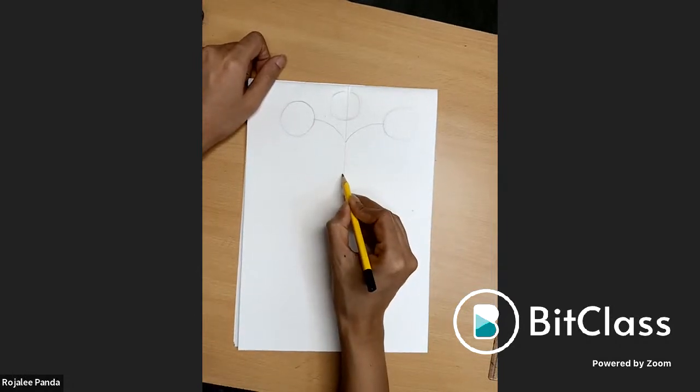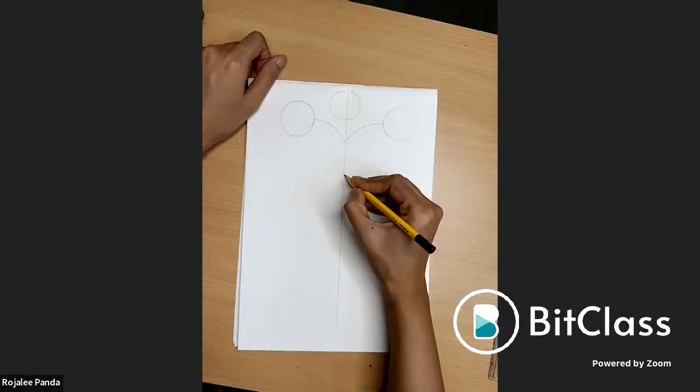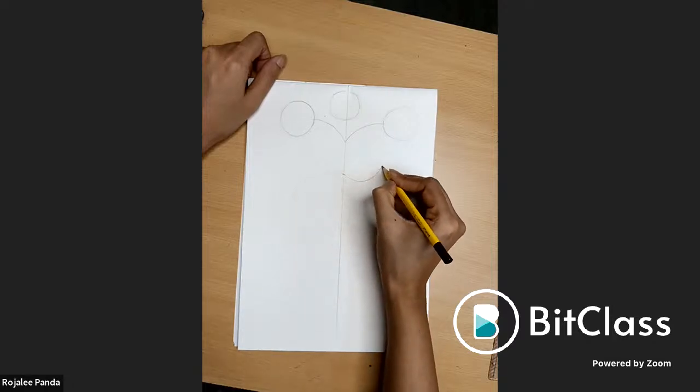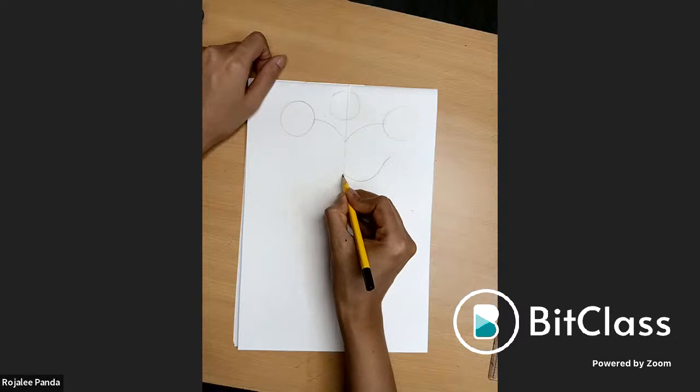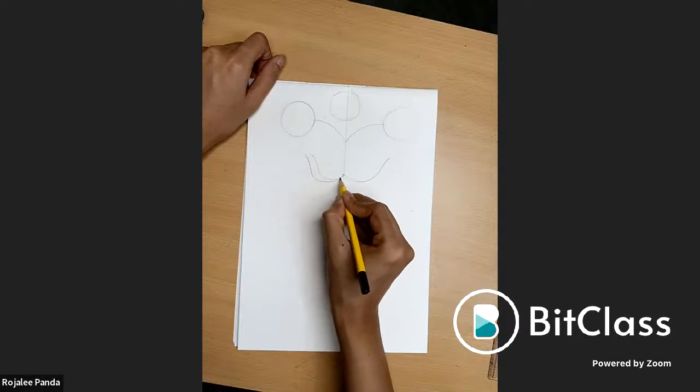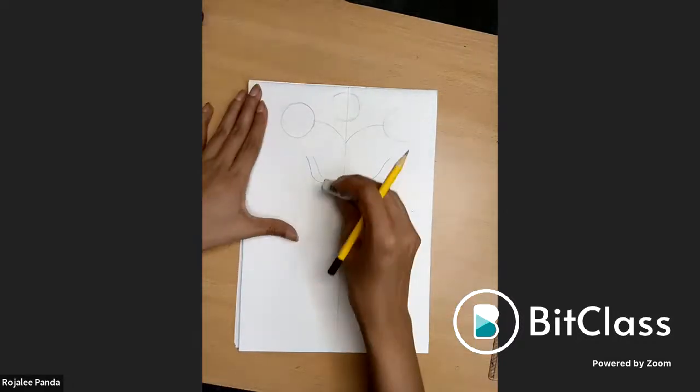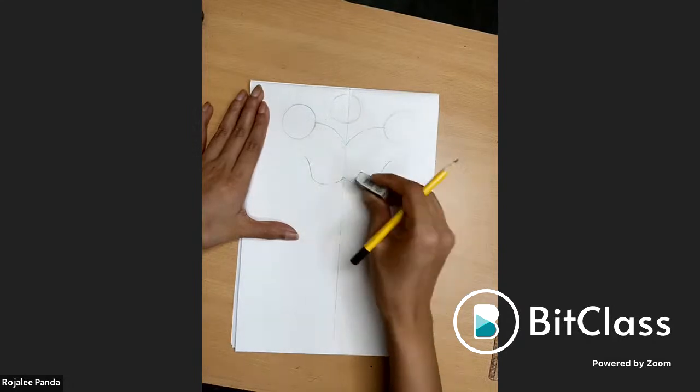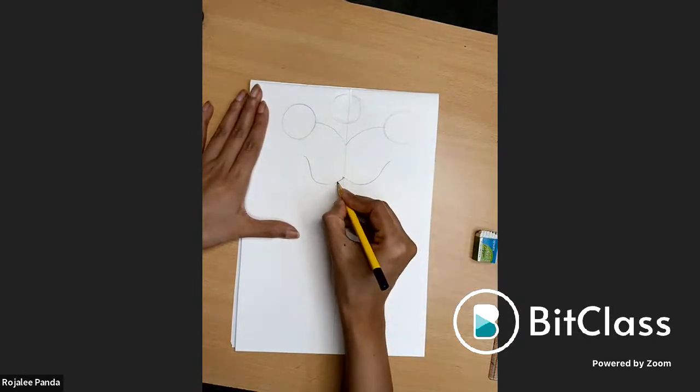Here I'm going to make one point, and I'm going to make a little bit of curve here. And here. Try to make it equally, as you can see here. Okay. Try to make both sides a little equal, the pattern you are going to create.